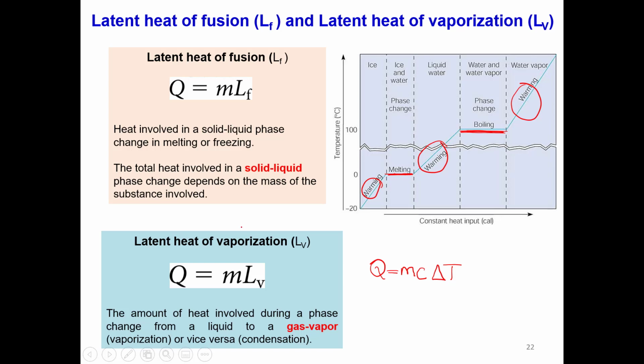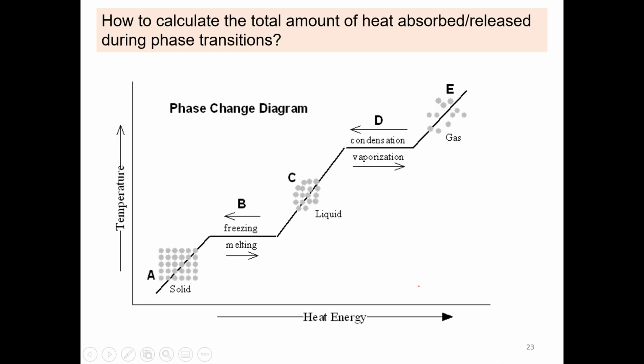Again, this latent heat of vaporization is a constant and depends on each material. Now let's review. We have the whole picture here. We need to calculate the amount of heat that is absorbed or released during phase transitions in this case.